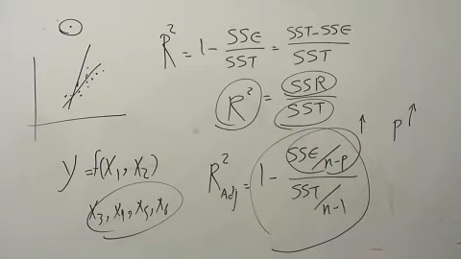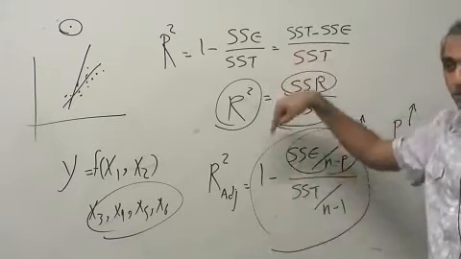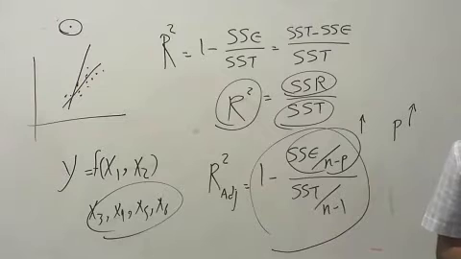So if you are adding a variable which is not related to y, what's going to happen? Your R squared adjusted is going to drop.